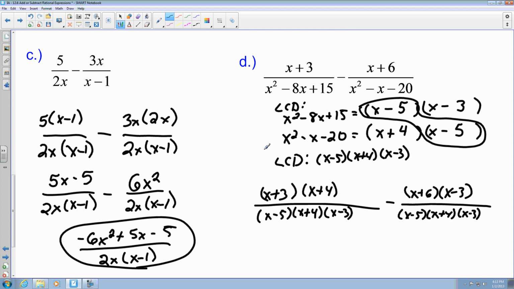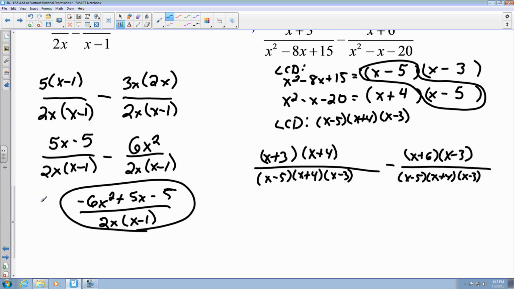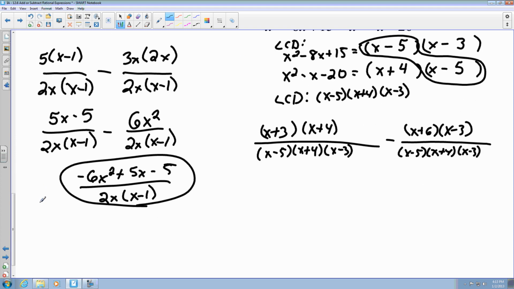So I'm going to also multiply x plus 4 to the top of the equation. And I got x plus 6, which is original, and the value that I multiplied on the bottom was an x minus 3. So now what I need to do is FOIL this out and then simplify. For the first equation, my numerator FOILed out looks like x squared plus 7x plus 12 all over x minus 5, x plus 4, and x minus 3.